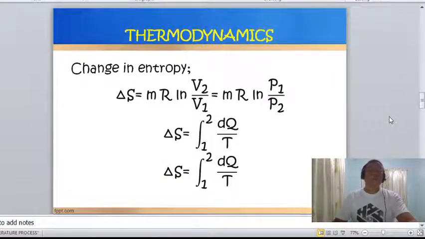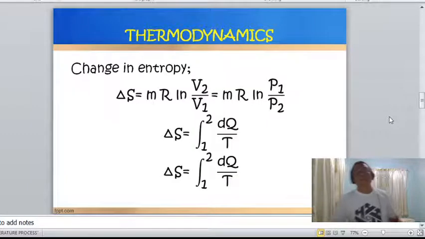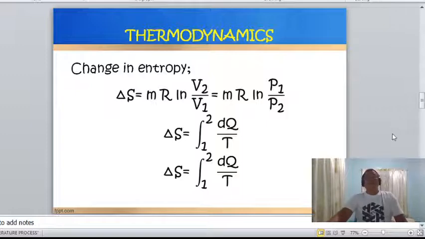For the change in entropy, class, change in entropy equals MR ln of V sub 2 over V sub 1, which is also equal to MR ln of P sub 1 over P sub 2.